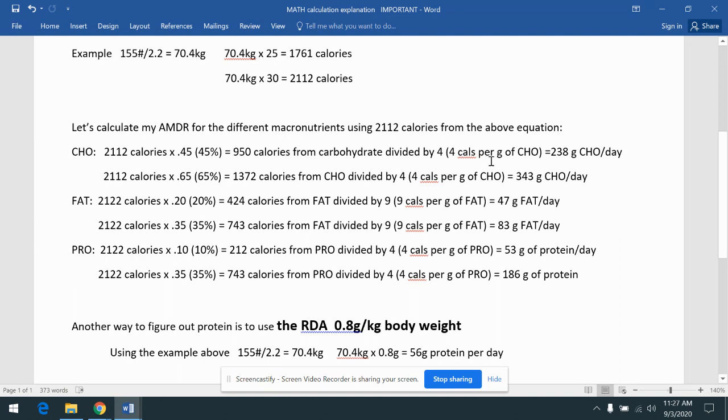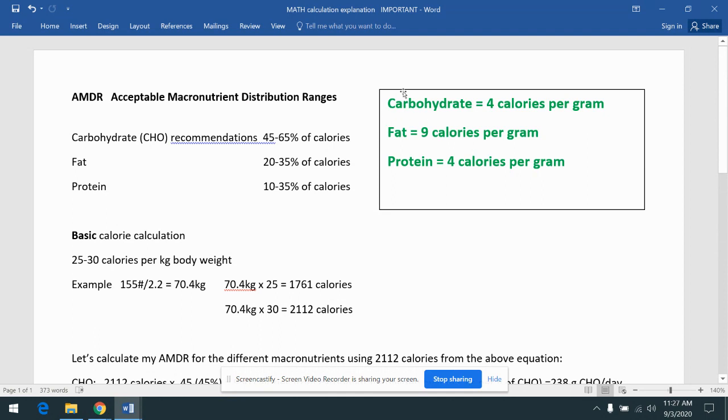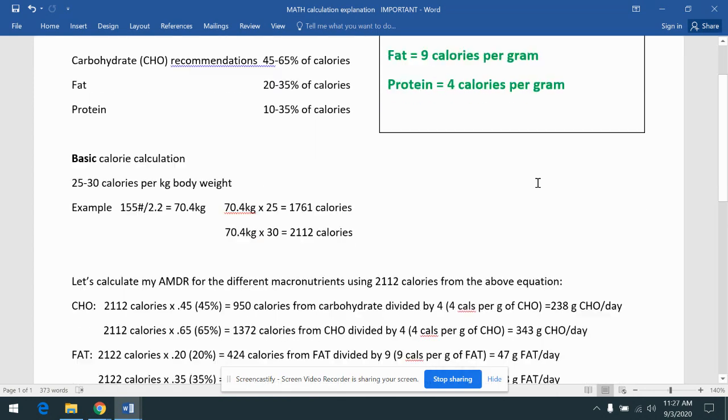If I ask you how many grams of carbohydrate, then it would be a much smaller number because we're taking the calories from carbohydrate and dividing by 4 to get 238 grams of carbohydrate per day. Why am I dividing by 4? We're going to look up here and see those macronutrients.